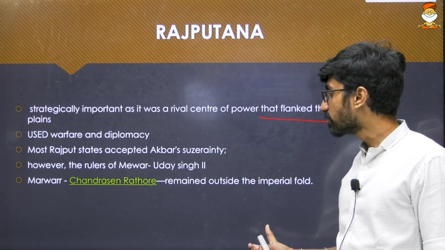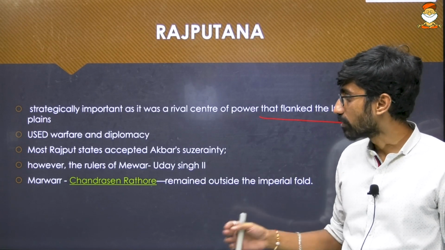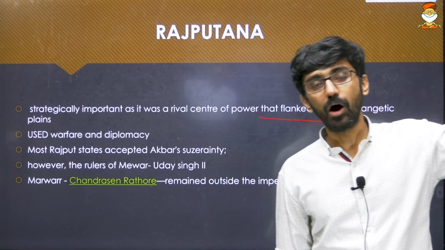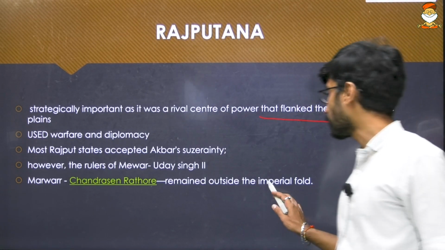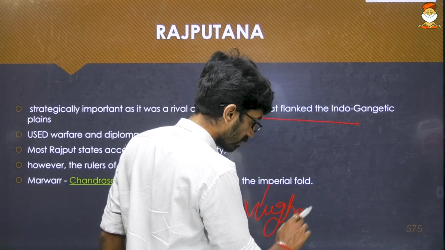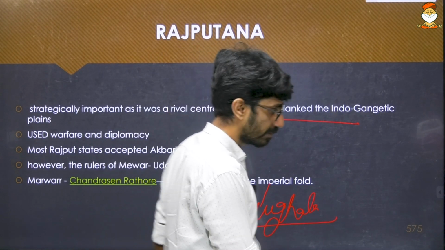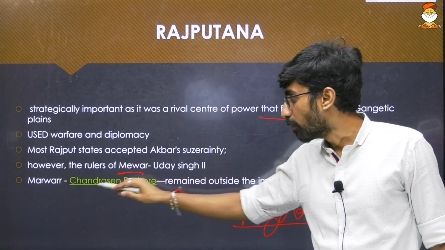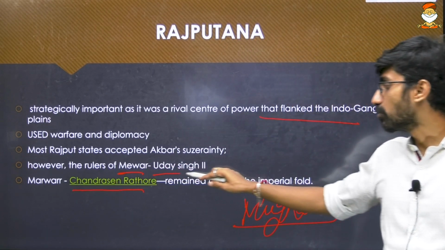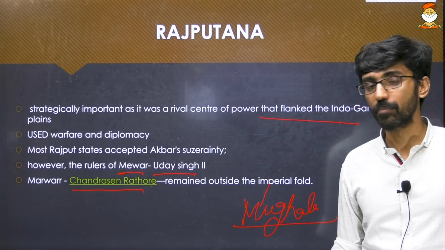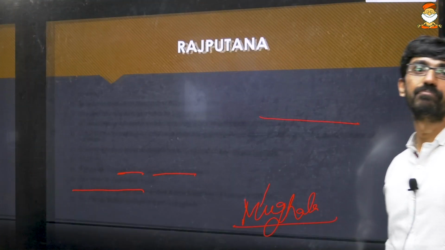However, certain rulers, particularly Uday Singh II of Mewar and Chandrasen Rathod of Marwar, remained outside the imperial fold. Imperial fold means we are talking about Mughal imperialism. The Marwar king Chandrasen Rathod and Uday Singh II of Mewar remained outside the fold of Akbar's suzerainty most of the time.